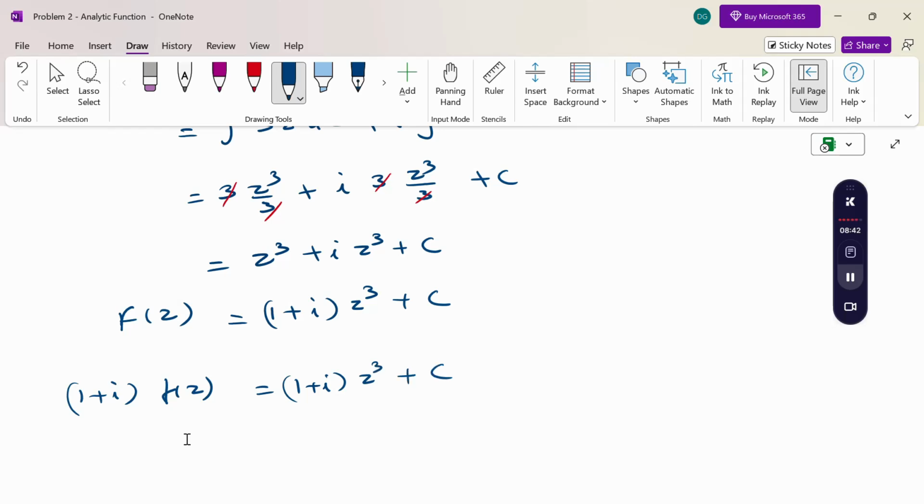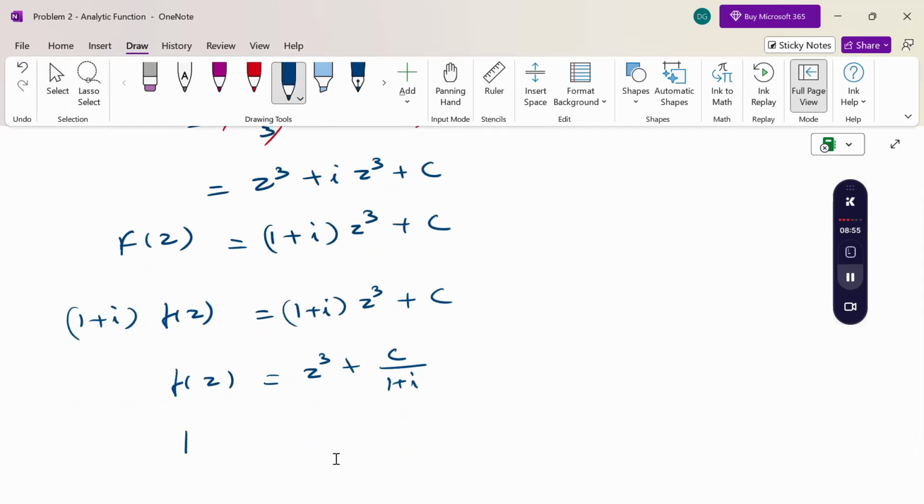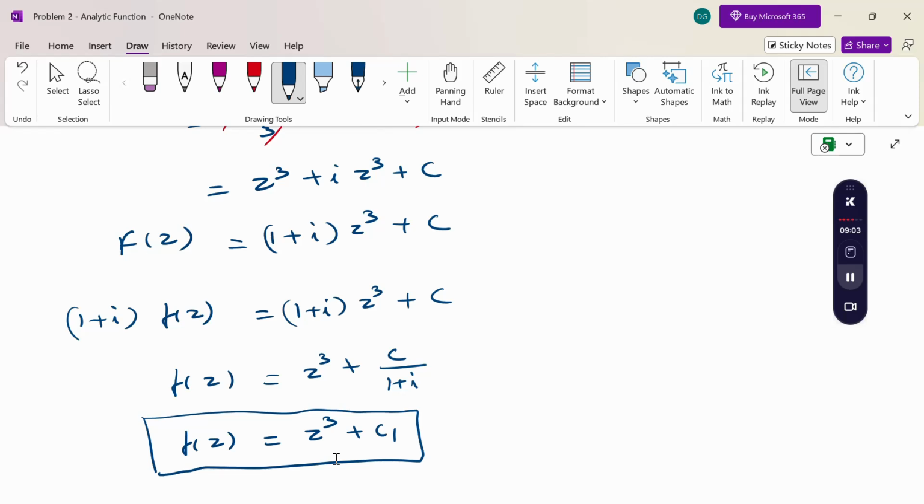Now divide by 1 plus i, therefore f of z equals z cube plus c by (1 plus i), and considering that as another constant, f of z equals z cube plus c1. So this is the final answer for f of z. Thank you.